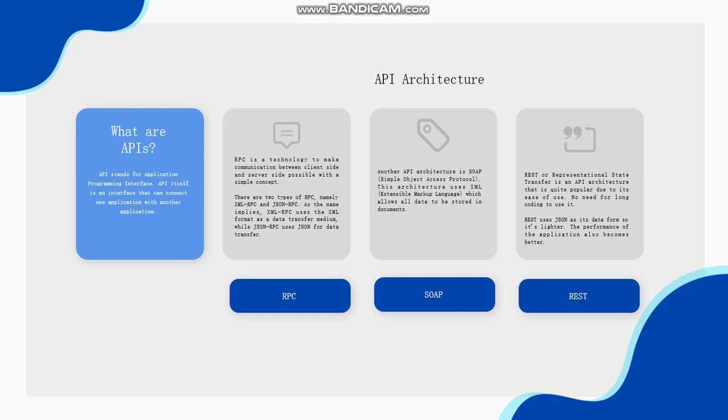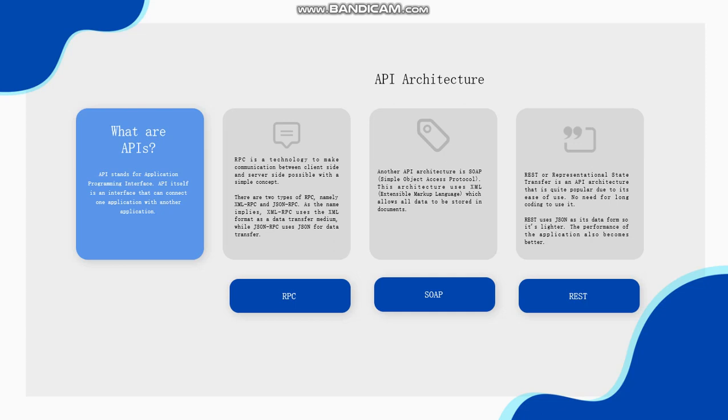As the name implies, XML-RPC uses the XML format as the data transfer medium, while JSON-RPC uses JSON for data transfer.